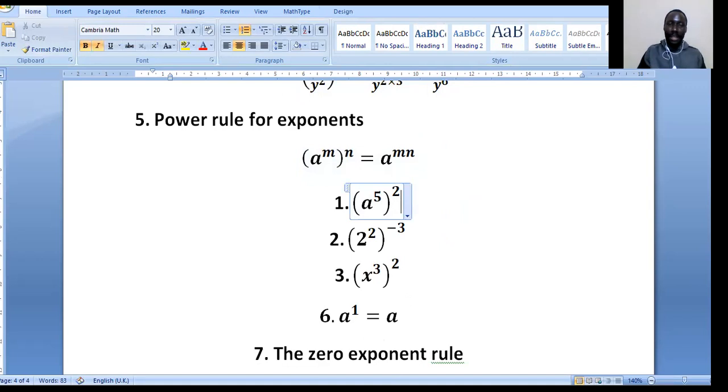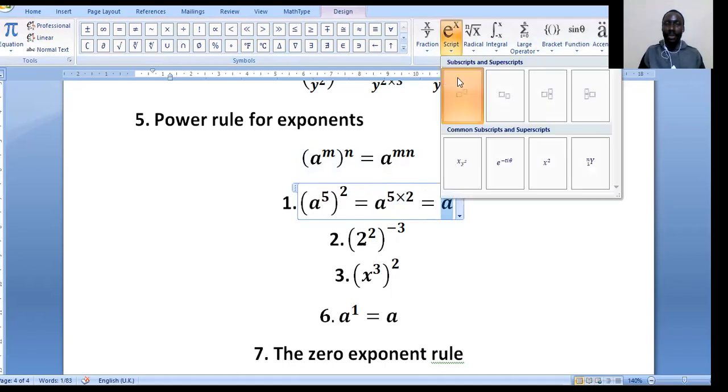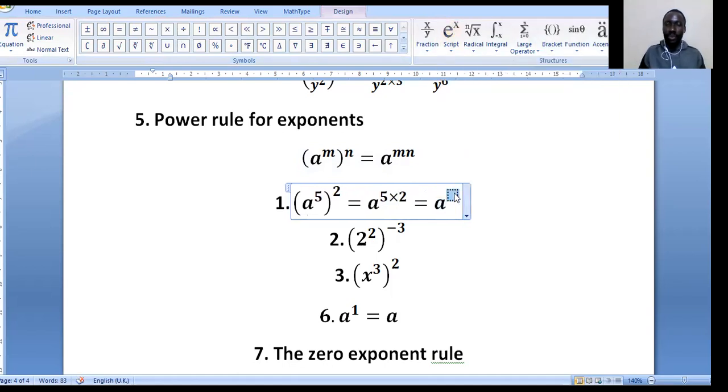So right away here, we'll be having a with exponent of 5. This 5 is multiplied by 2, so that we get a with exponent of 10. That's what we get when we multiply 2 by 5.